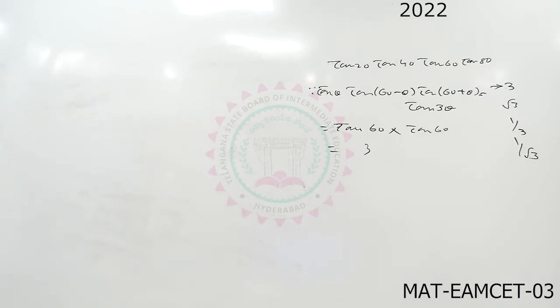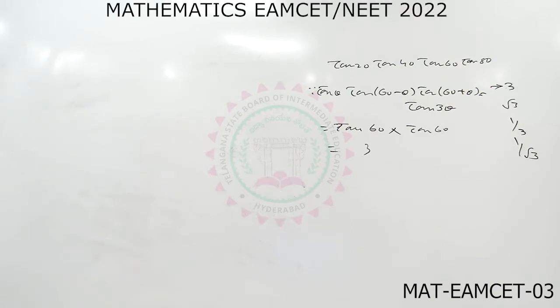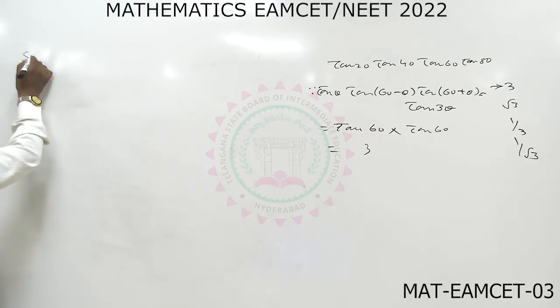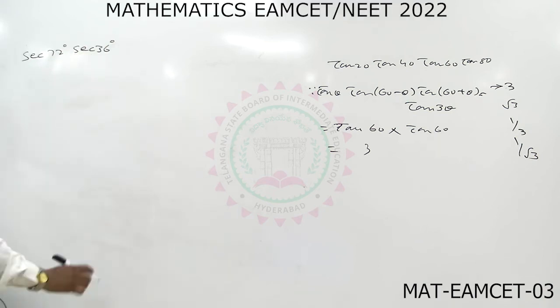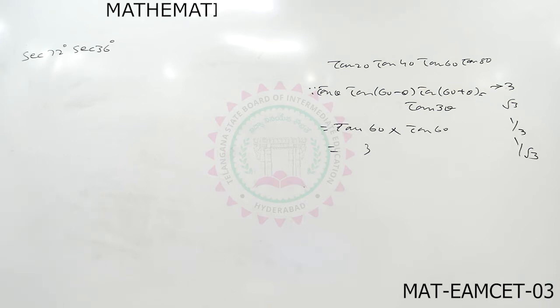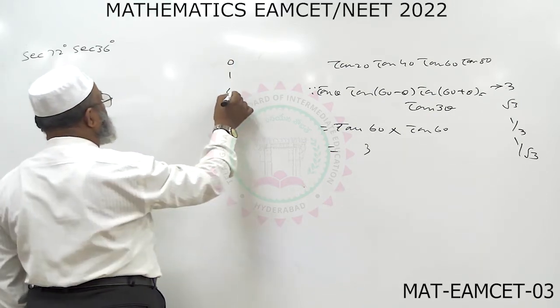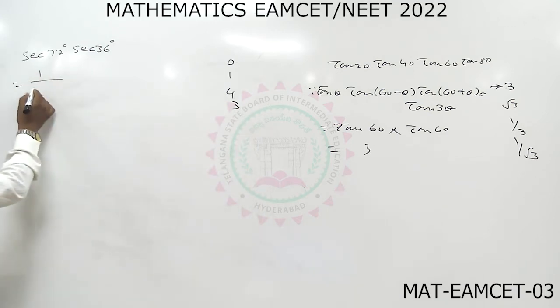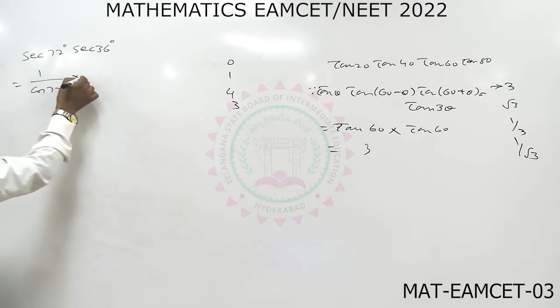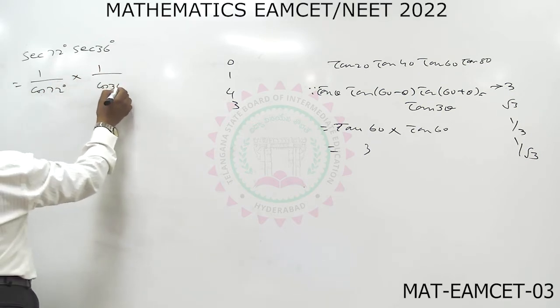Sec 72 into sec 36 degree is equal to, options are 0, 1, 4, 3. So, this can be written as 1 by cos 72 into 1 by cos 36.